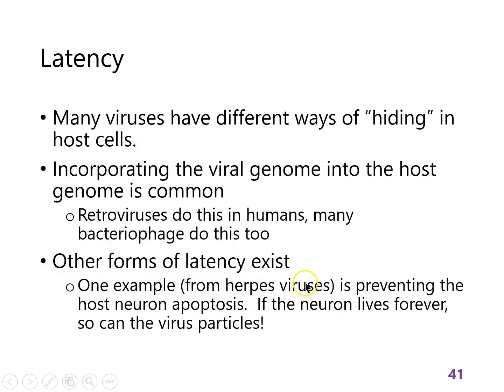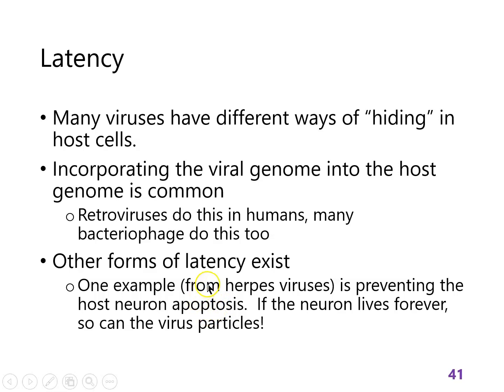So I was just reading about one of the herpes viruses that hides in the trigeminal ganglia. It hides in neurons in the trigeminal ganglion, and it prevents any of them from going through apoptosis. So they become truly immortal, and that means it can hide in that one cell for your entire life.